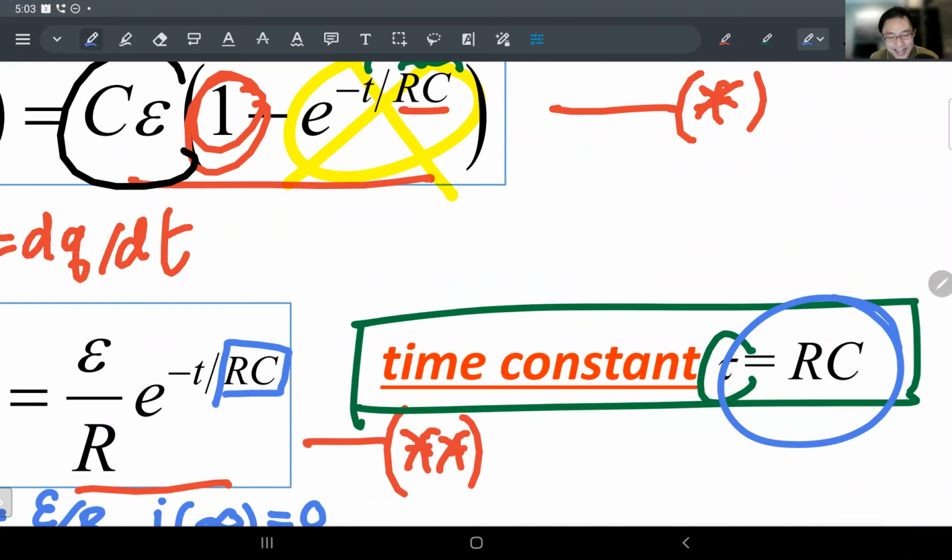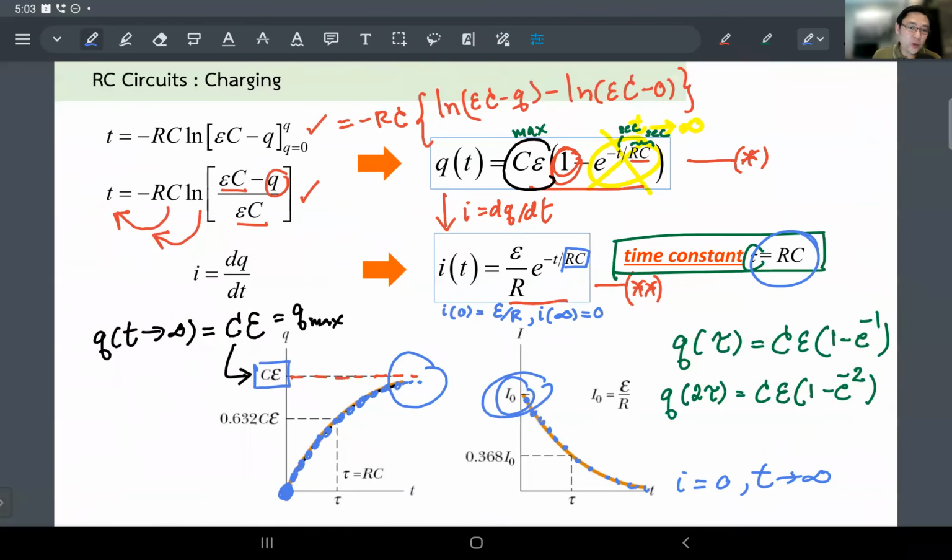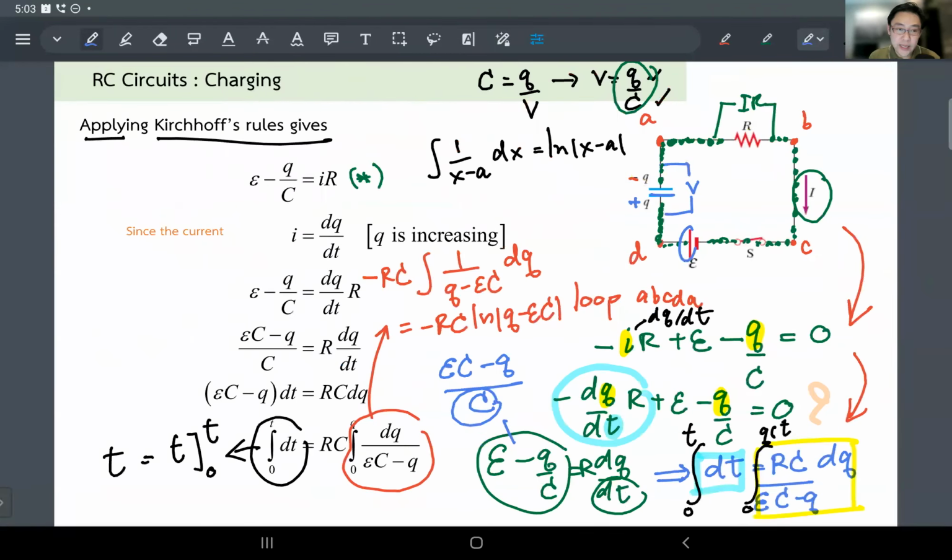Okay. So the good thing about this one is, if you look at this equation as a general form, this kind of equation shows up in so many places in science. It doesn't have to be an RC circuit like this.